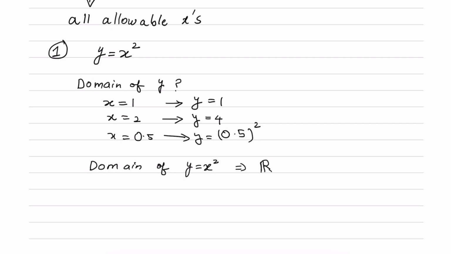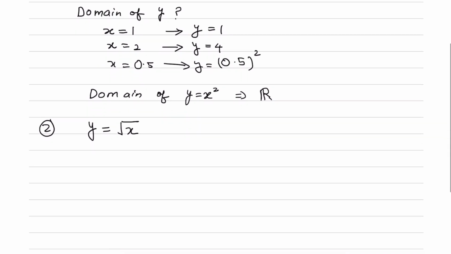Let's try another example. In this case, we take the function y is equal to square root x. Now please see this. If I take x equal to 0, I get y as square root 0, which is 0.